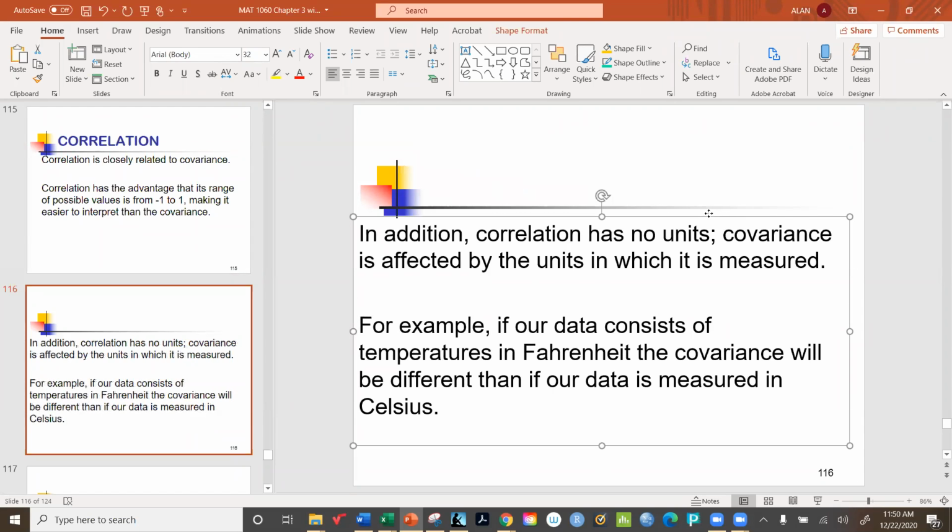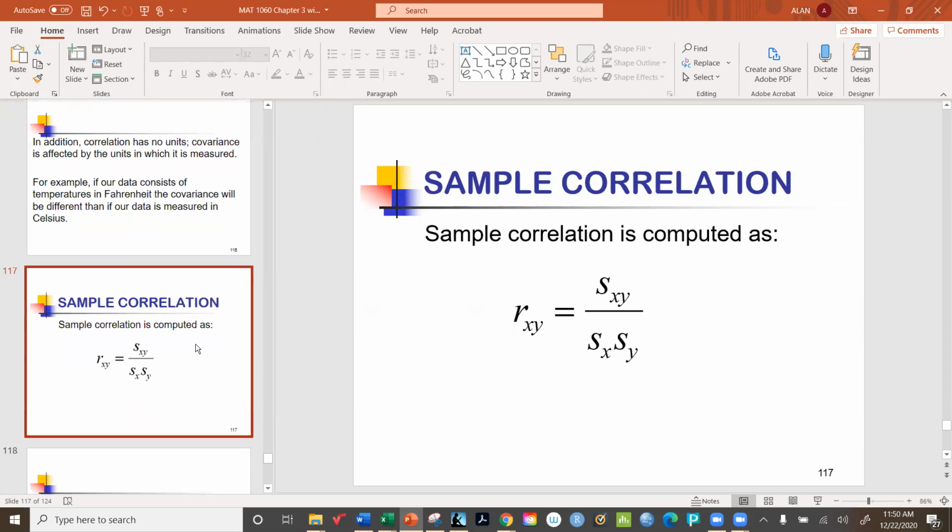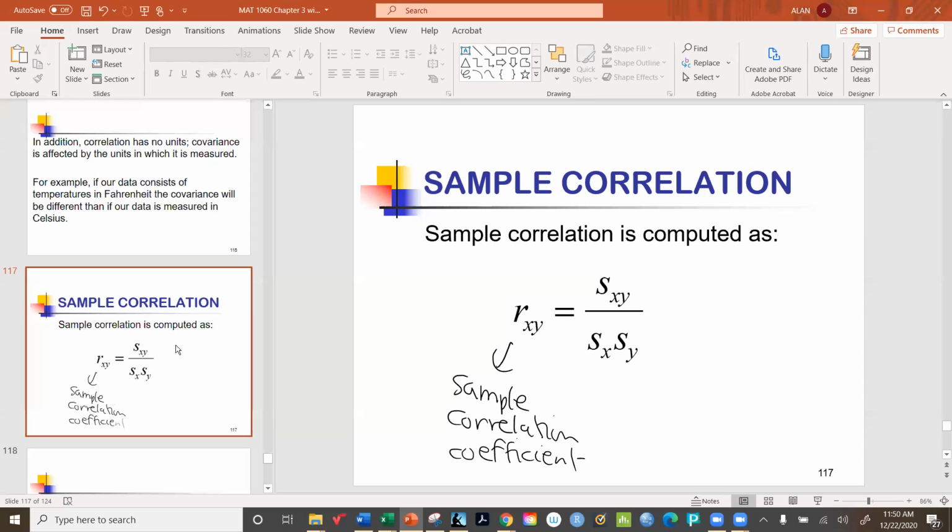Now, just like when we went from variance to standard deviation, the relationship is very simple. Here's how it works for a sample. The correlation, or correlation coefficient as it's sometimes called, Rxy, equals the sample covariance.